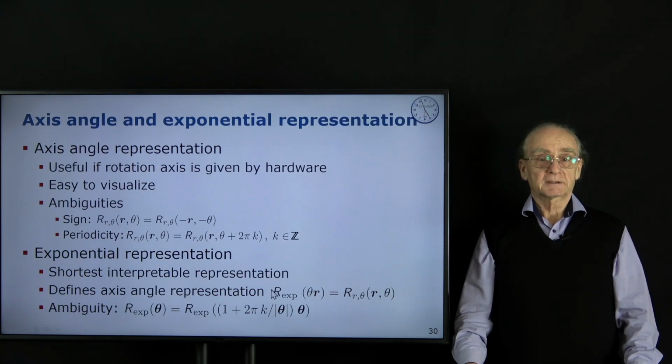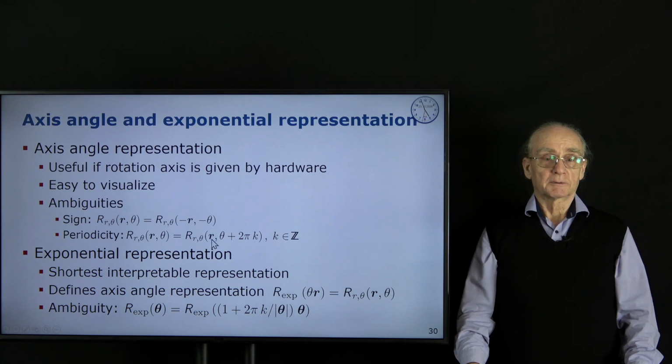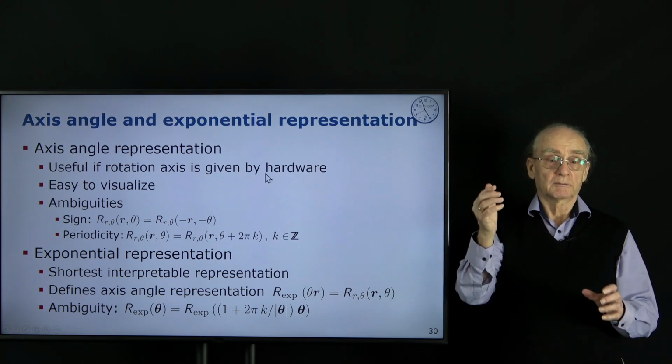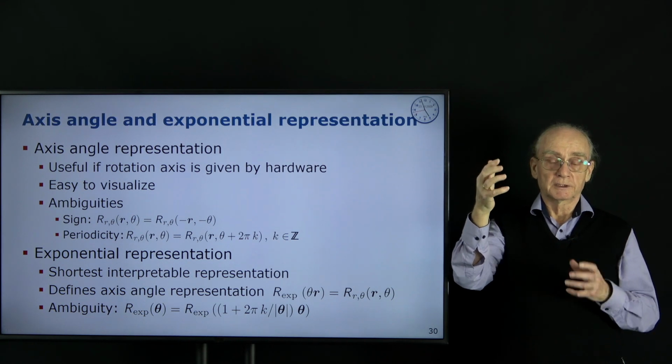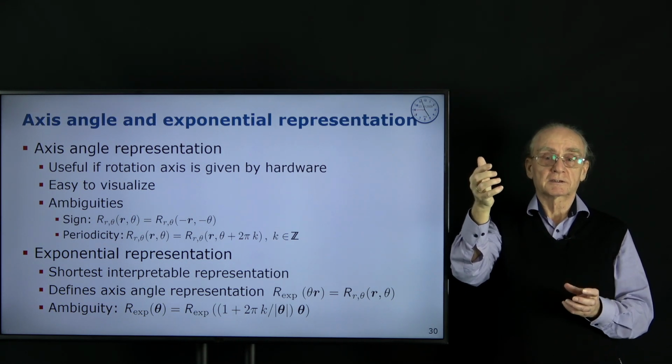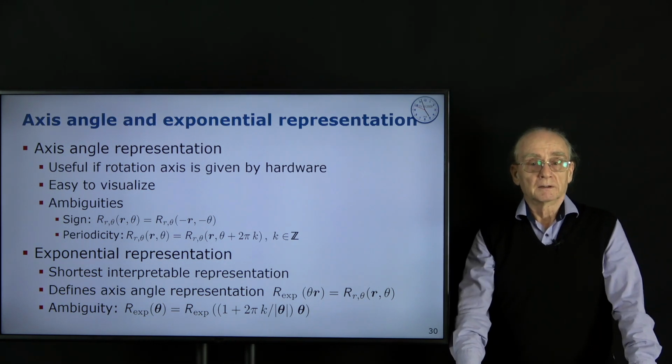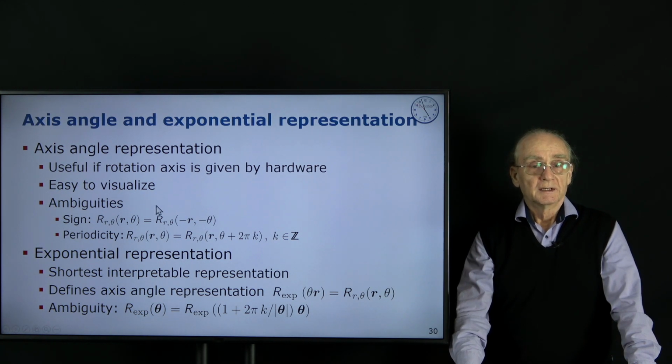So we discussed axis angle and exponential representation. The axis angle representation is useful if the rotation axis is really given by the hardware. So if you have some object which is some instrument where you have a rotation axis and you want to describe the motion in this coordinate system, you can use these equations. It's easy to visualize because you have the rotation axis and the angle.